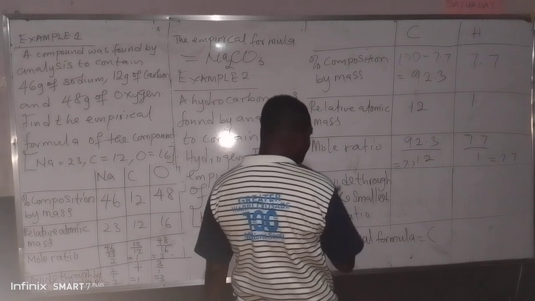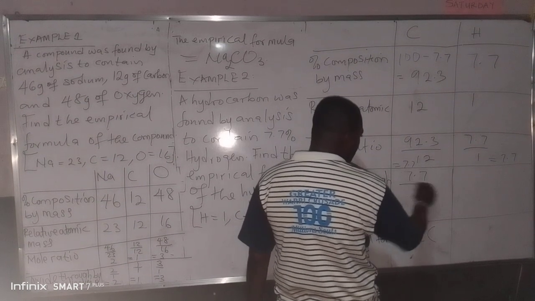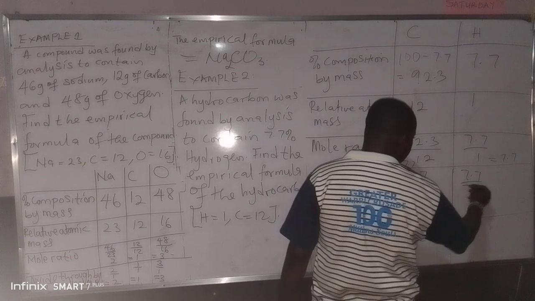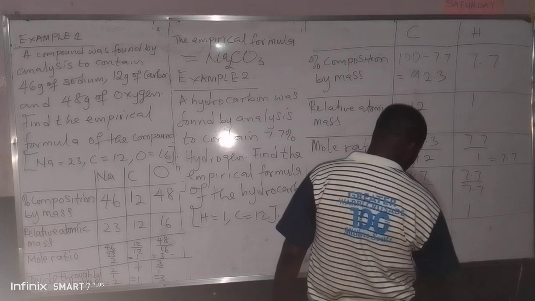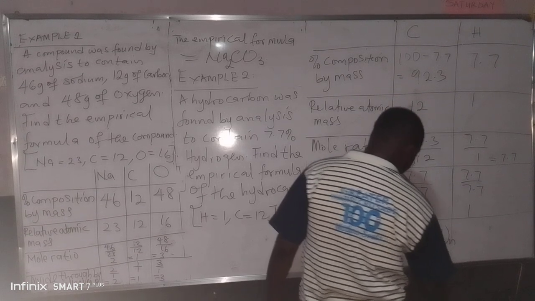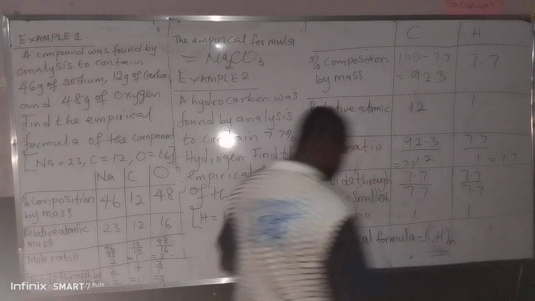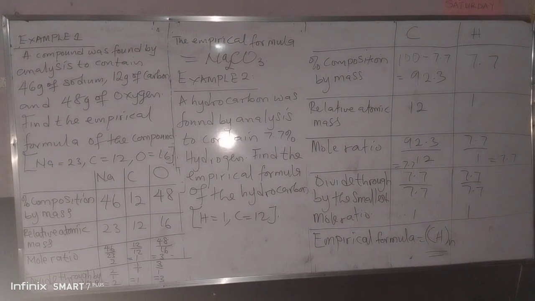Oh, what am I doing here? Divide through by the smallest. The smallest is 7.7, so 7.7 over 7.7 is 1. Then 7.7 over the same 7.7 is also 1. That's CH. So my empirical formula is CH. C1, H1, so no need of putting the 1. So I am through with that question.